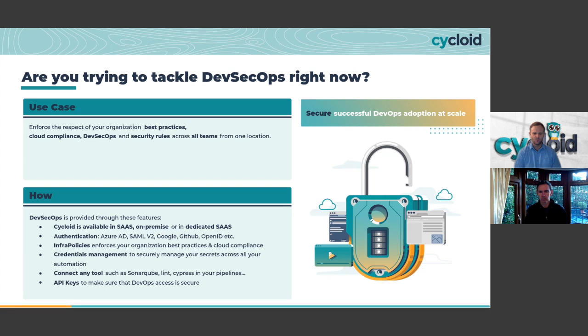As long as you have a tool or an API that you can connect to, then your pipeline is able to interact with it and then take appropriate actions depending on what the different security tools return to you. And all this is really important, of course, to have DevSecOps at scale. And you need to have API keys, obviously, to manage API keys to access the API of the IDP as well.